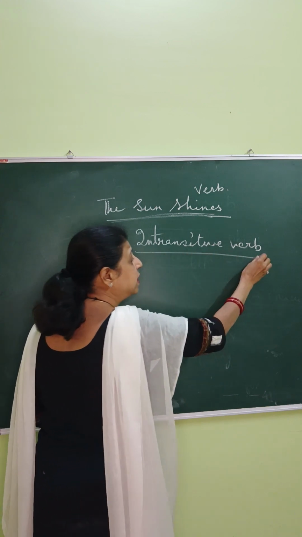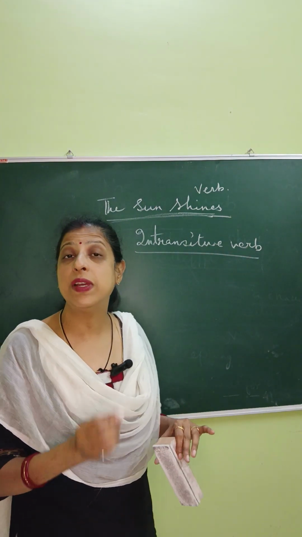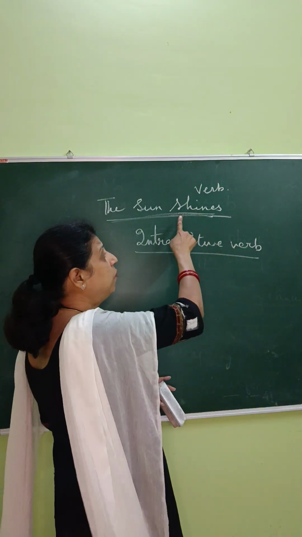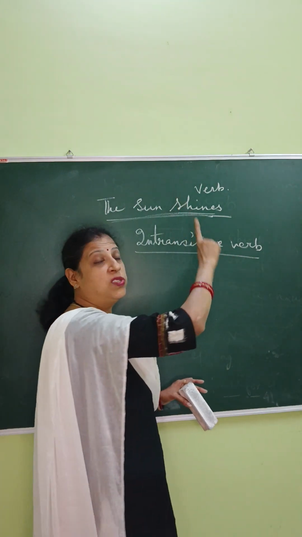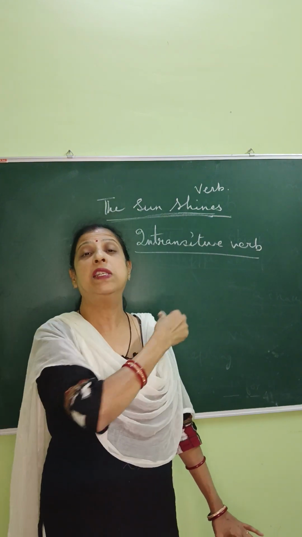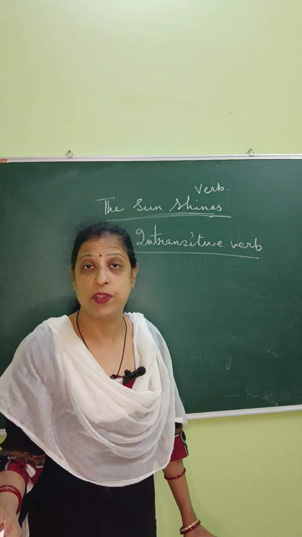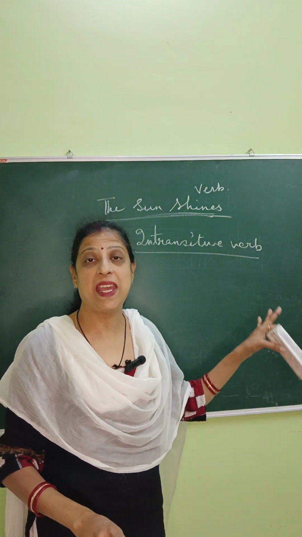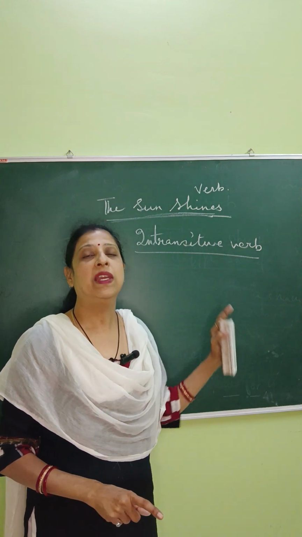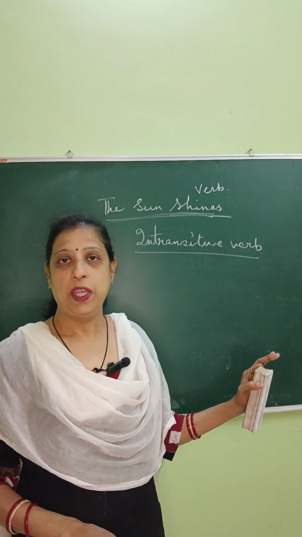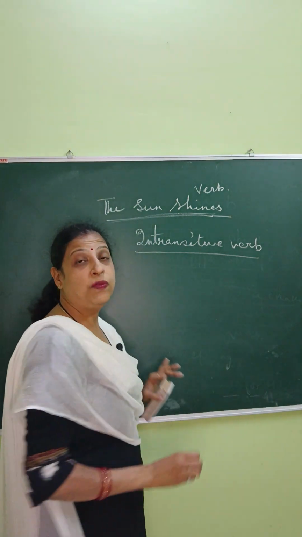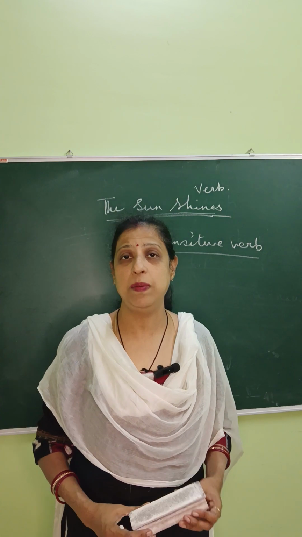So what is an intransitive verb? When the verb does not require any object to make a complete sense or to complete the sentence, then that is called an intransitive verb. So there are two kinds of verbs: transitive verb and intransitive verb.